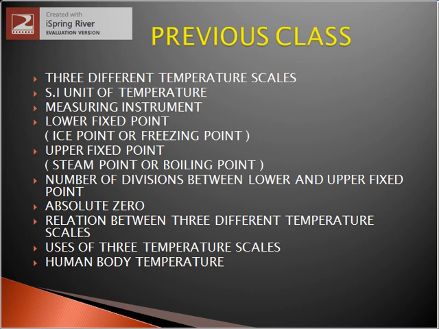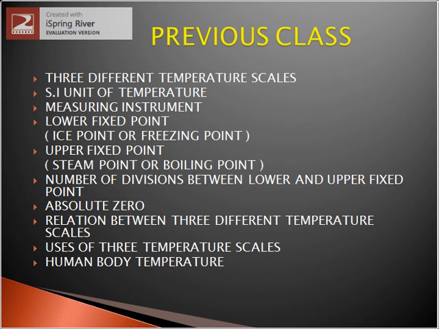Similarly, the upper fixed point in case of Celsius scale equals 100 degree Celsius. For Fahrenheit scale it is 212 degree Fahrenheit, and the upper fixed point in Kelvin is 373 Kelvin.